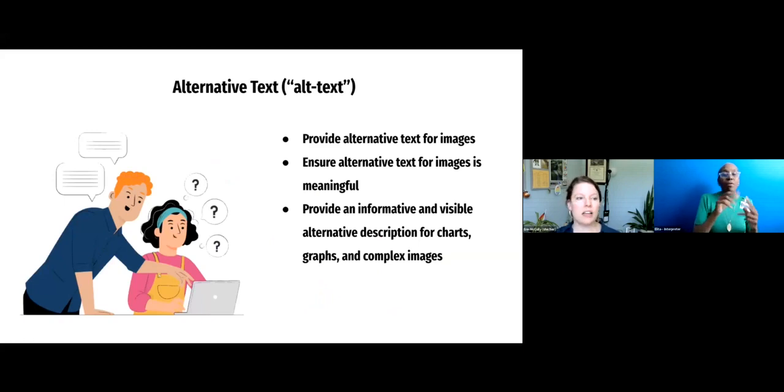Alternative text, I'm sure you've heard a lot of this today, but alternative text refers to short, concise, written descriptions that convey the meaning and the function of images in their context. It is crucial for those who can't see an image either because of a disability or technology limitation, such as a page that doesn't load very quickly, or as we heard in an earlier presentation, people might be on their work computers and those may block images.